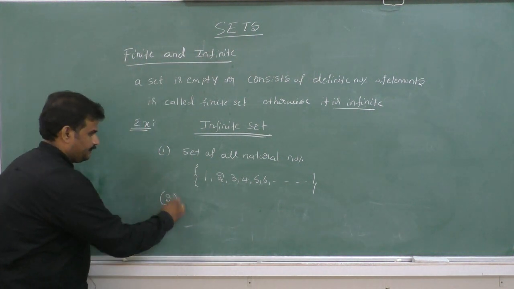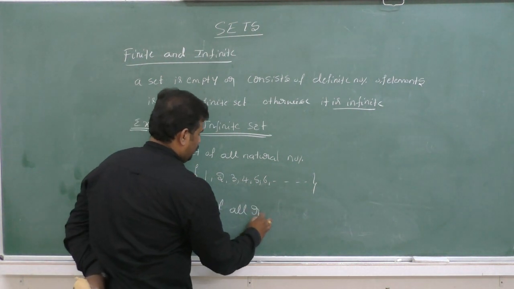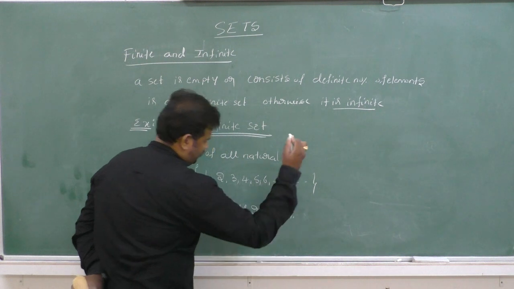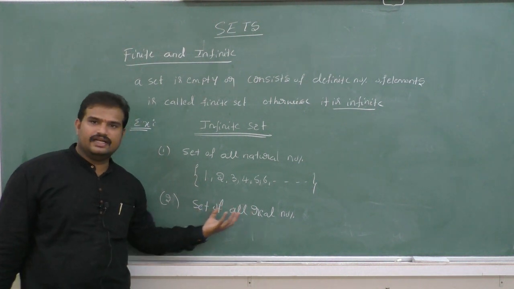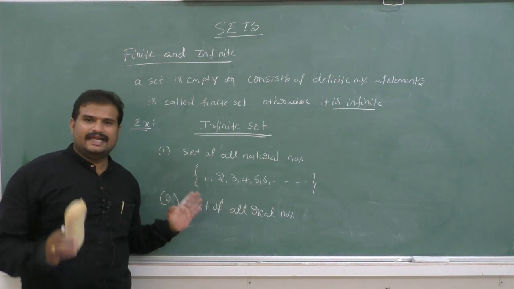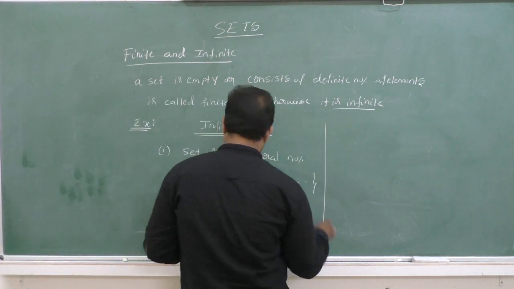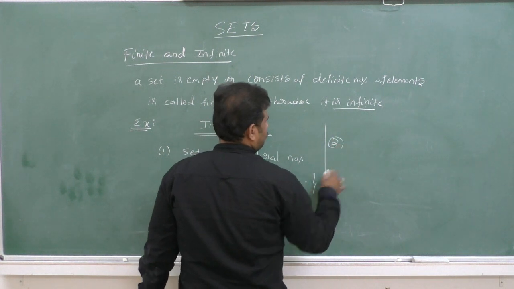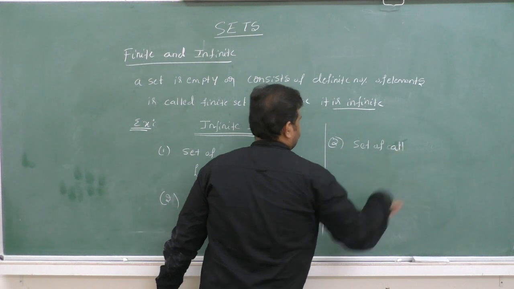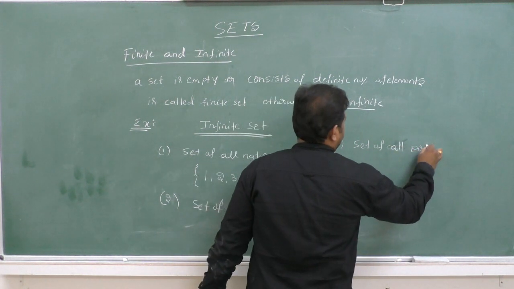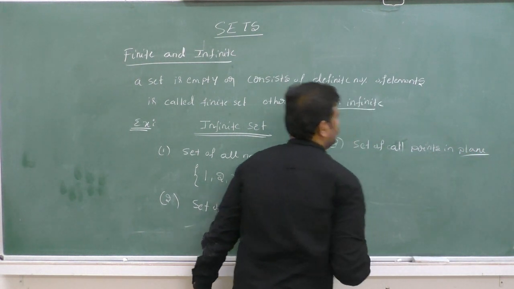Next, set of all real numbers. Set of all real numbers. This is also an infinite set. We can't say definitely, we don't know how many real numbers there are. That's why it is an infinite set. Next, set of all points in a plane.